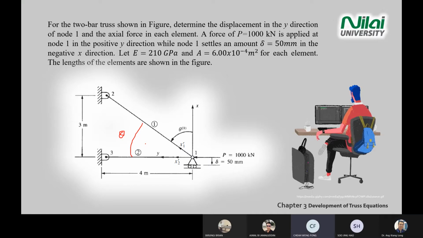Because tangent theta is equal to the O over A. Since the O is 3, then A is 4, so I use inverse tangent and find the theta. Okay, excellent. So sine equals O over H and cos equals A over H. It's not sine, it's tangent.